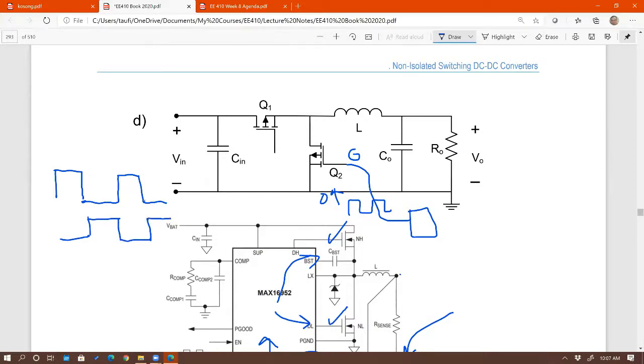But in practice, the controller has to provide a very small amount of time, around 0.5 to 1% of the period. This is to make sure that the two MOSFETs are not on at the same time, because having the two conducting at the same time will be dangerous to the source, right?